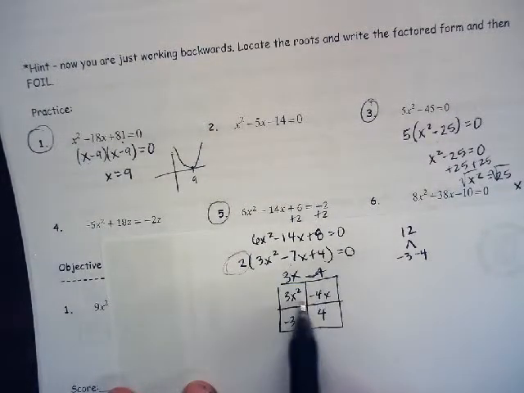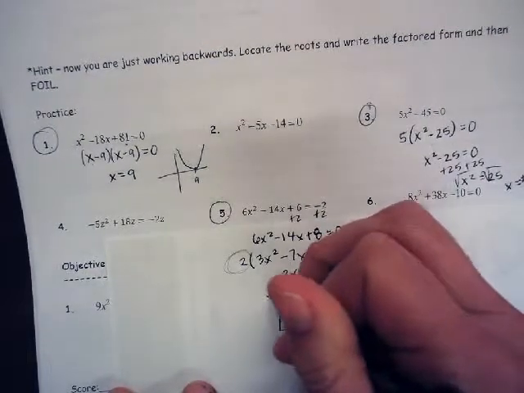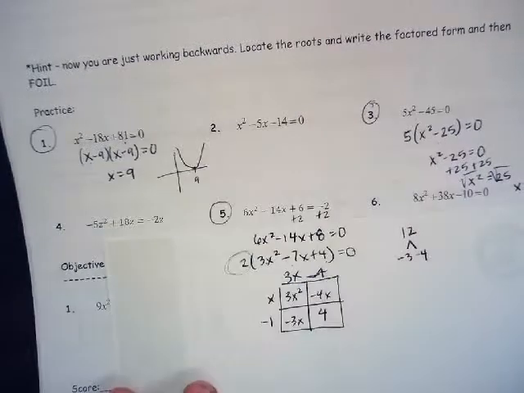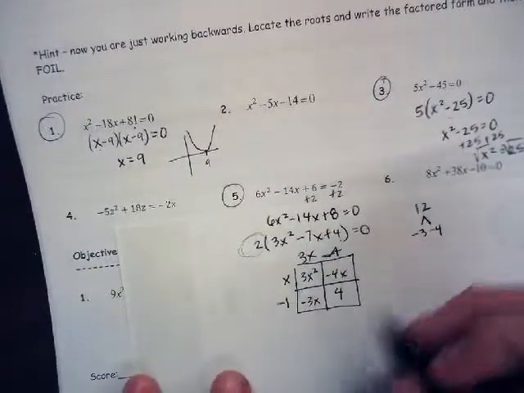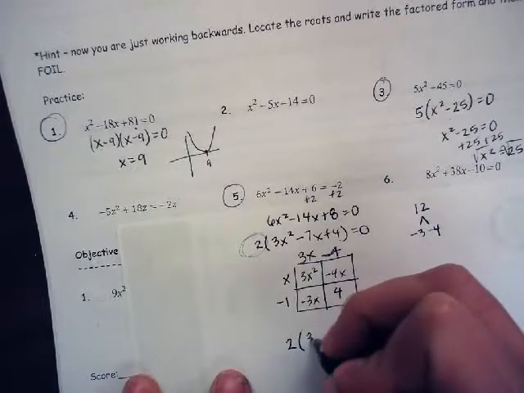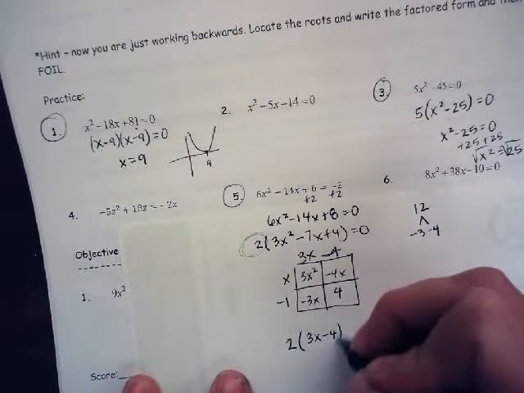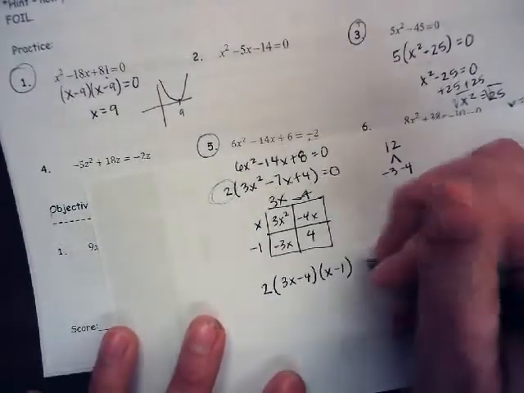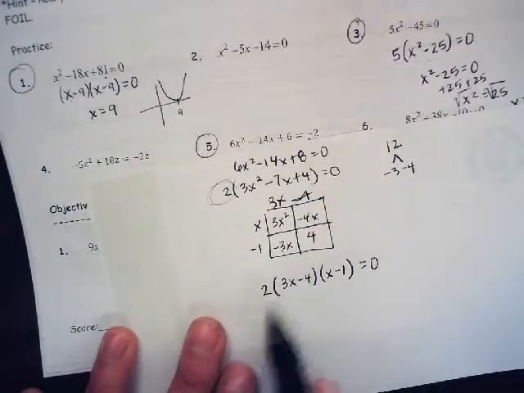You guys caught me. Okay, on this one I'm factoring out an x, so that's all they have in common. And this one, the only thing they have in common is a negative 1. So this would factor to, don't forget to have a 2 out front still, 3x minus 4 and x minus 1. I'm still trying to solve this so it's equal to 0.